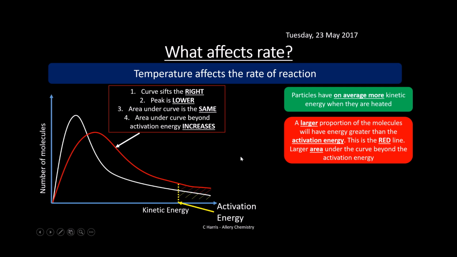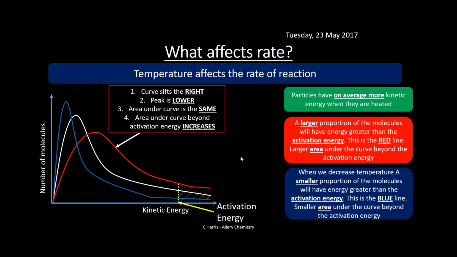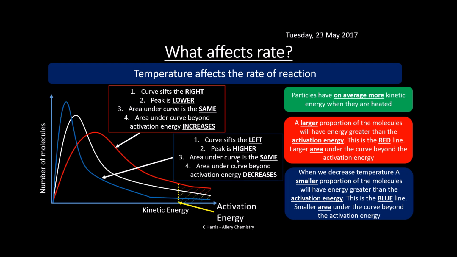If we do the opposite and decrease the temperature, we've got a smaller proportion of the molecules that have energy greater than the activation energy, and a smaller area under the curve beyond the activation energy, which is this yellow line here. You can see there's the blue one, with a much, much smaller area. But crucially, again, you know these points: the curve now shifts to the left in comparison to the white one, which is at normal temperature.